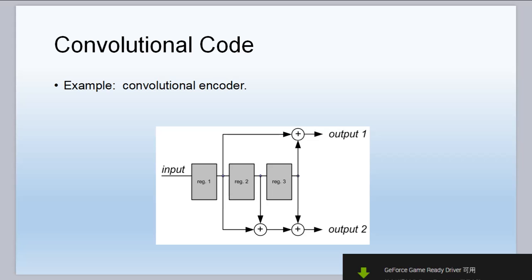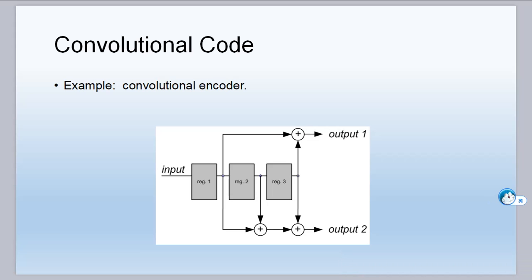And using our calculation rule, we can get the output, and the output is for the convolutional code. And since the output will be influenced by the states of different registers, it means this system has a memory property.